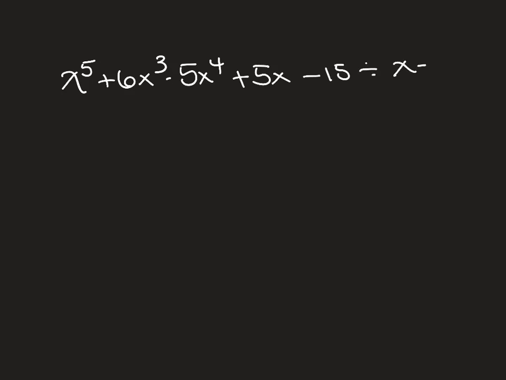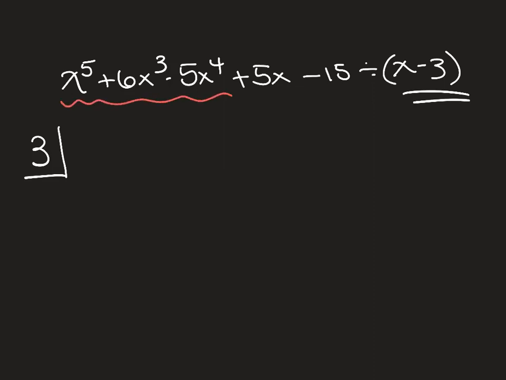Next one says I have x to the 5th plus 6x to the 3rd minus 5x to the 4th plus 5x minus 15 divided by x minus 3. So I'm dividing by a linear factor, so I can do synthetic division. When I set this thing over here equal to 0, you get a 3 out. However, this is not in order.